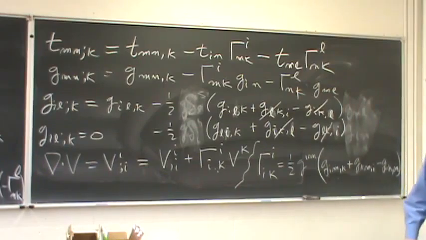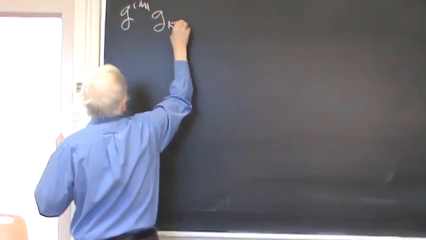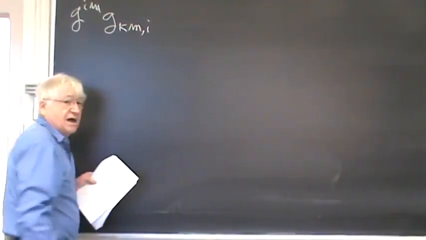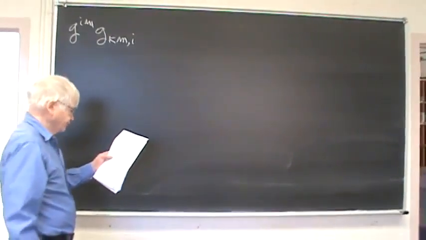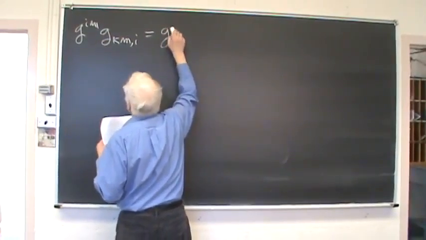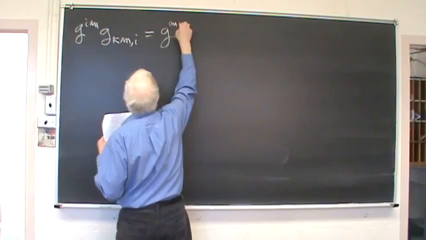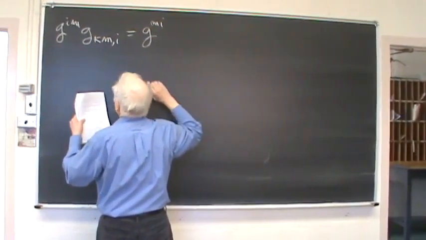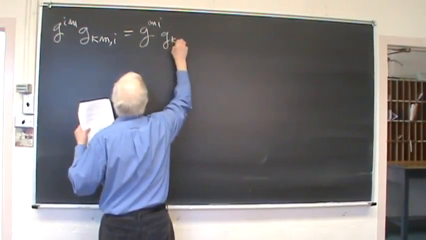That's not immediately obvious, so let me actually show it to you. So we have G^IM G_KM comma I. And using the symmetry of the metric tensor, we get this.